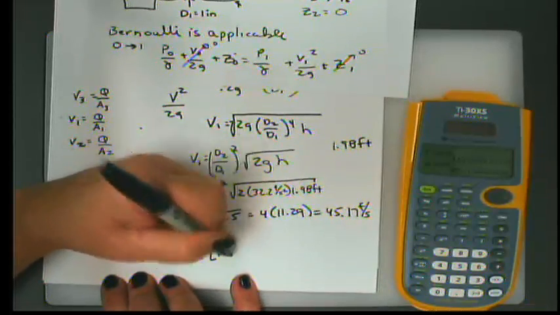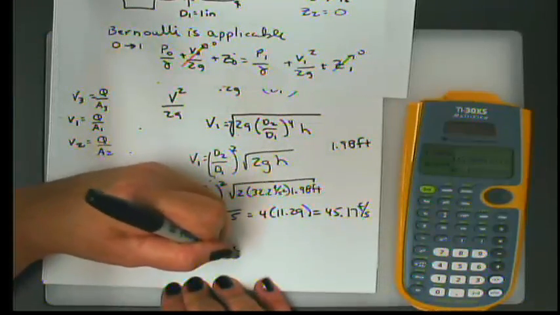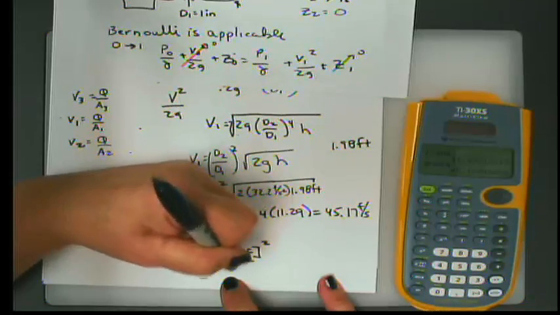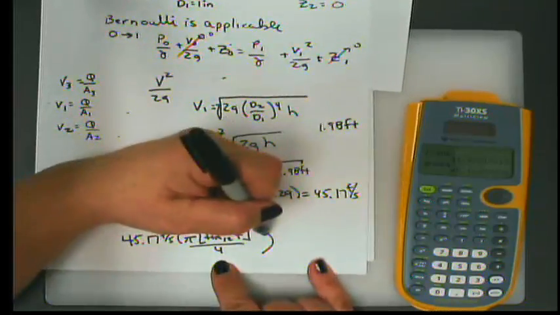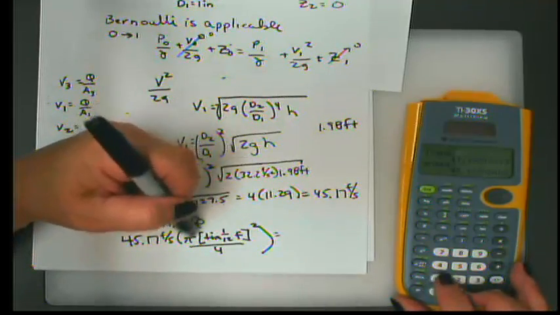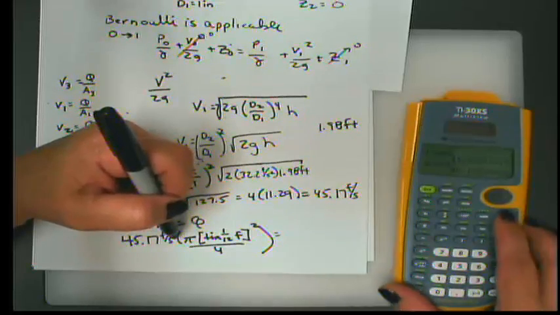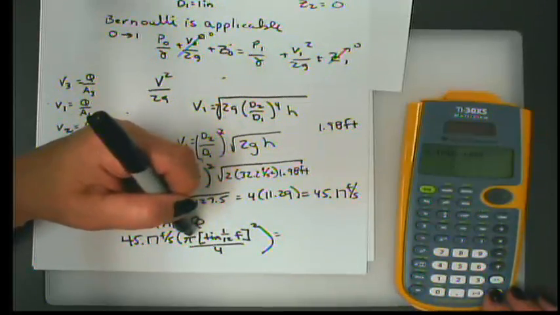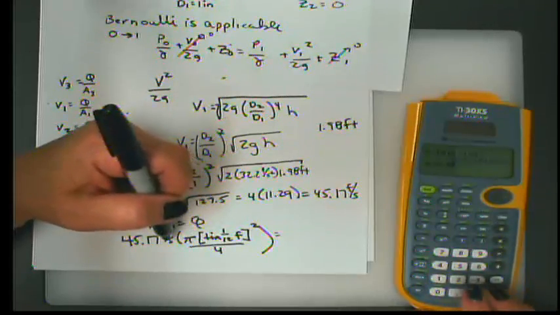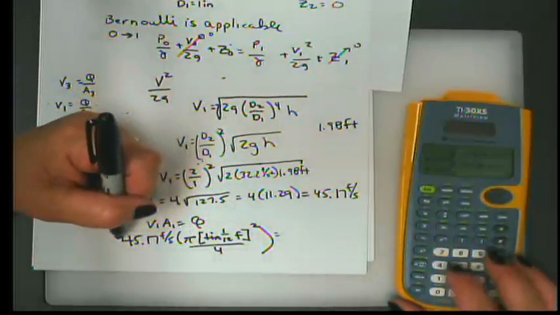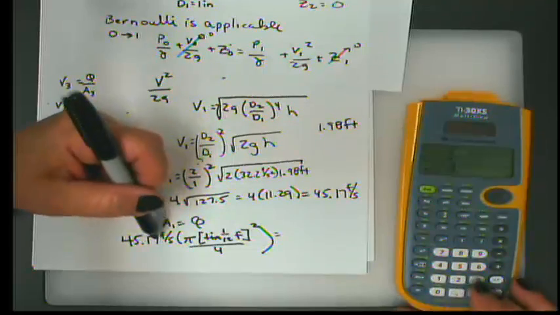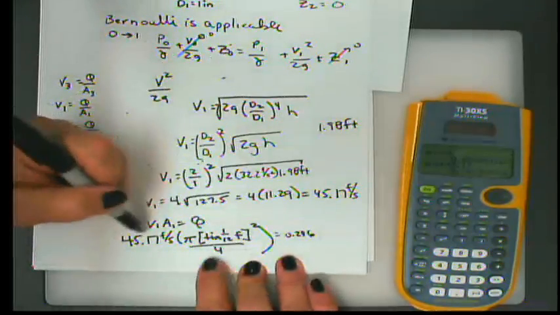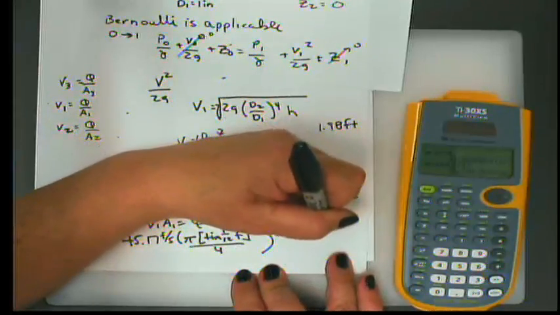We need this in feet, so I know I have to divide by 12, so let's say 1/12 foot, pi d squared over 4, right? And so I get 1 over 144 times pi, or 3.14 divided by 144. That's this information divided by 4. And that quantity multiplied by 45.17 feet per second. And my value is 0.246. And that's going to be in cubic feet per second.